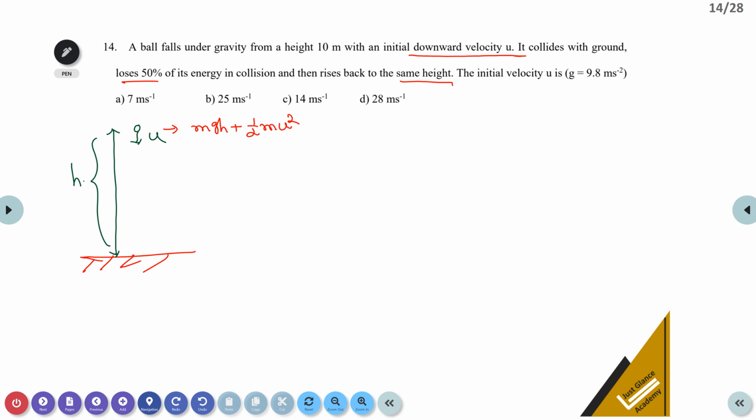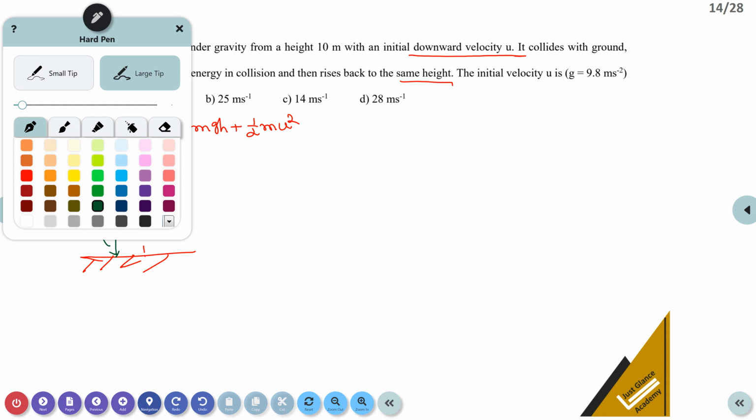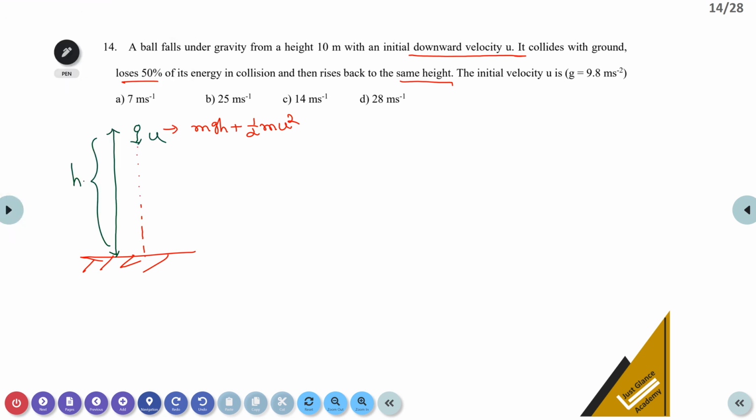Okay, fine. But as the object moves down, the potential energy becomes 0. Only the kinetic energy will be there, and the energy at this point is 1/2 m v square.